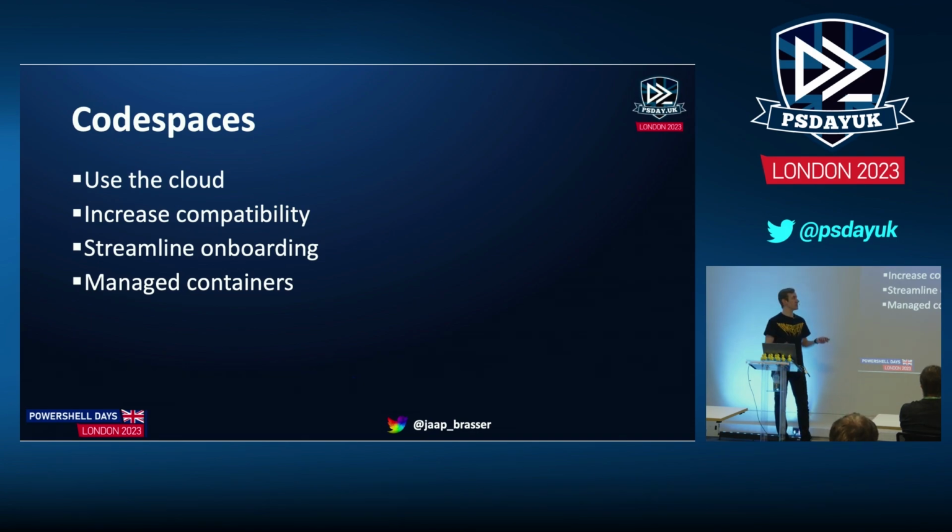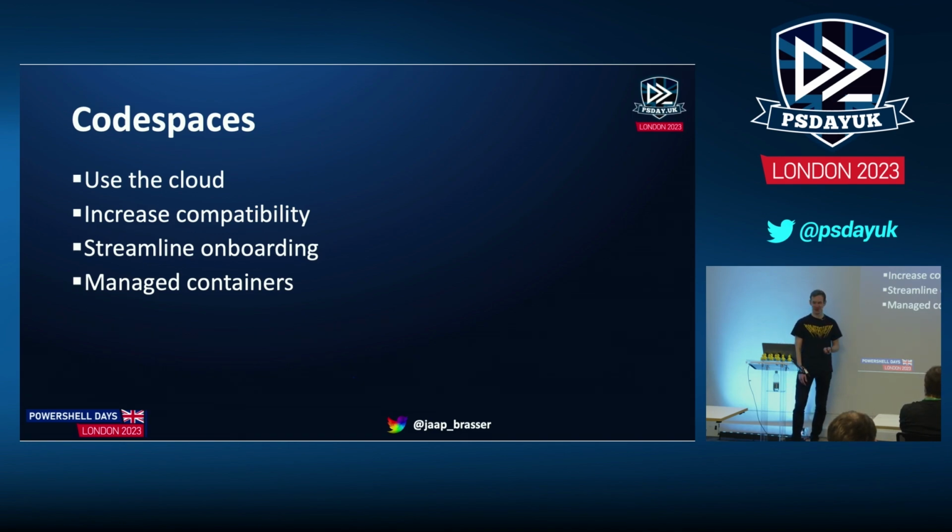So with Codespaces, we hear a lot of things these days about cloud first or everything in the cloud. I don't think moving everything to the cloud makes sense, but I think for specific workloads, it might make sense to start using GitHub Codespaces, or at least if you're like me and you don't have any real hobbies, then you can play around with it, learn about the new tech.